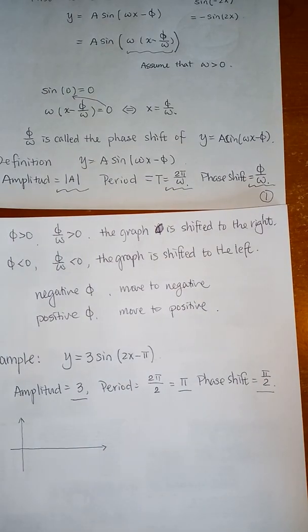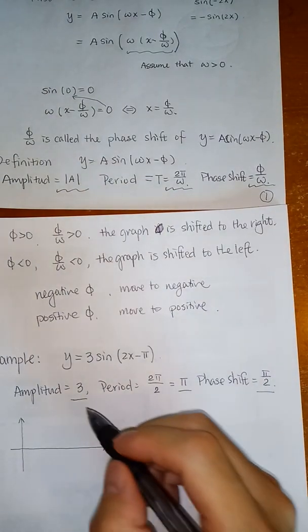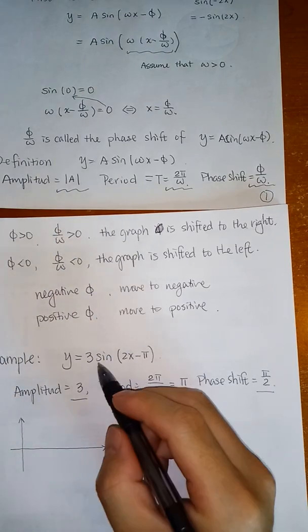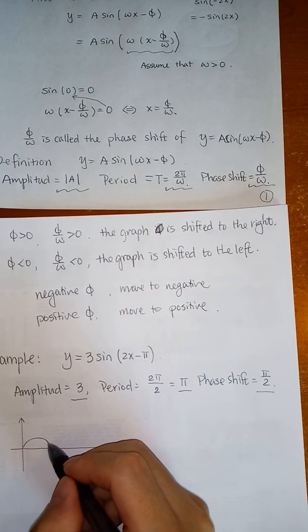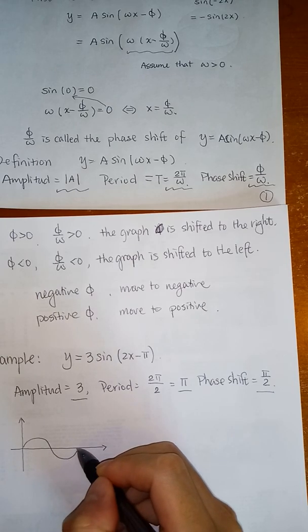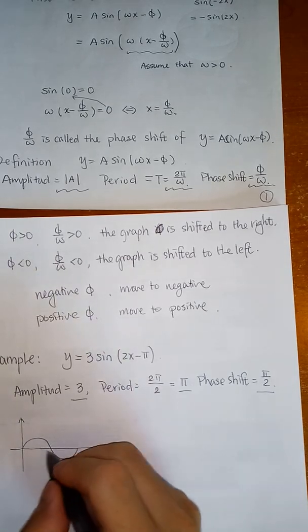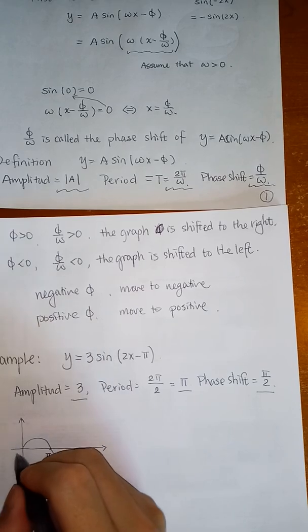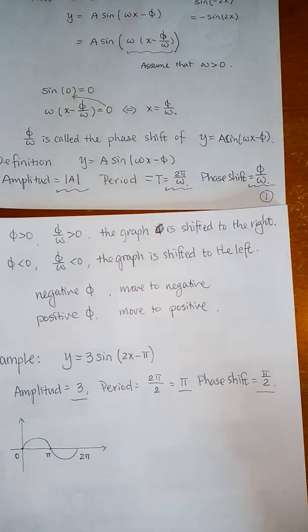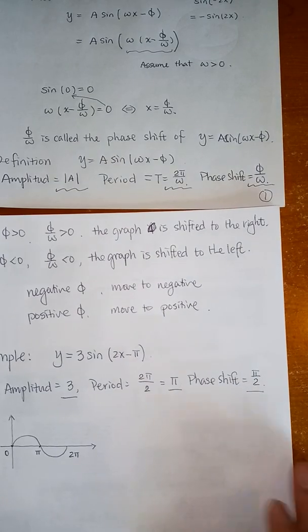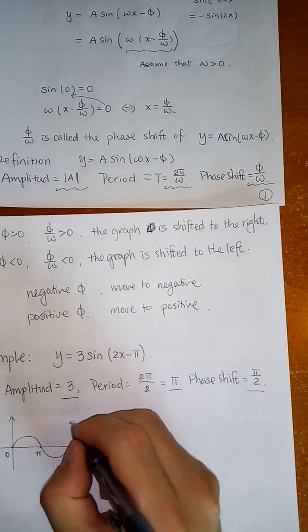Okay, so how do we do it? We first draw the original sine function. Just draw one period, and for the other part you just repeat. Okay, so that's a sine.